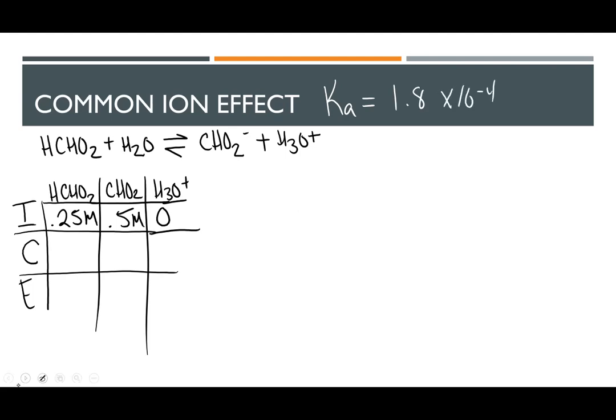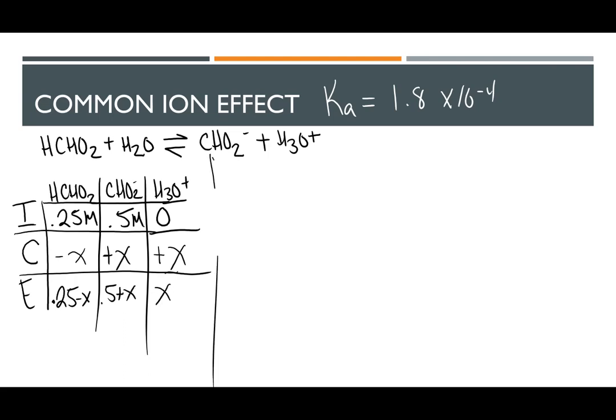Okay. All right, so looking at this ice table, only way for hydronium to go is up, which means the conjugate base is also going to go up, which means our weak acid is going to go down. So we're going to have 0.25 minus x, 0.5 plus x, and x.